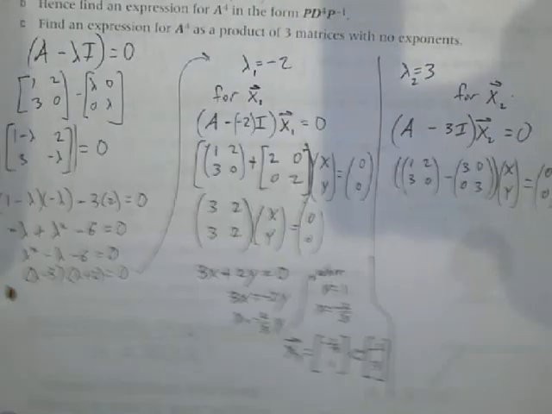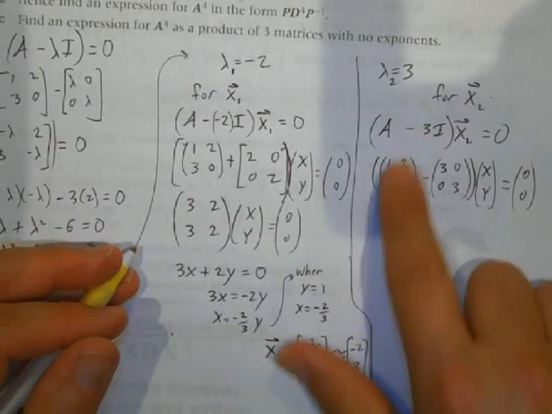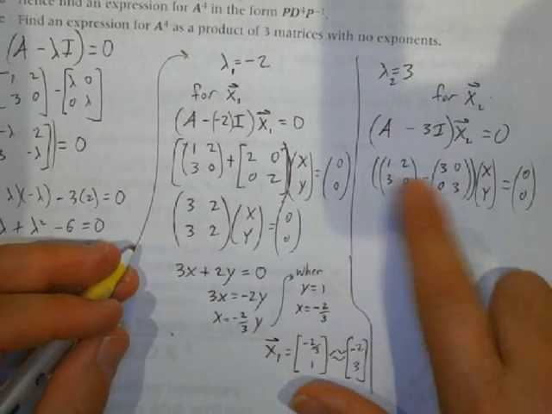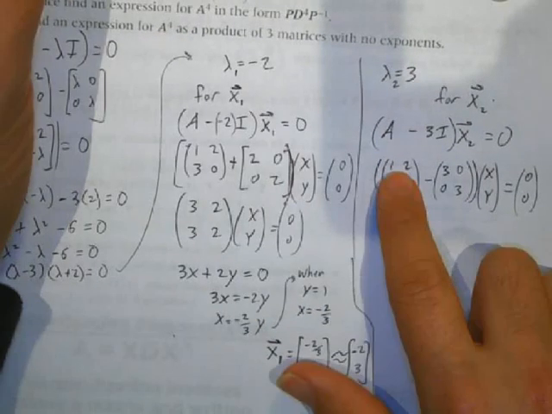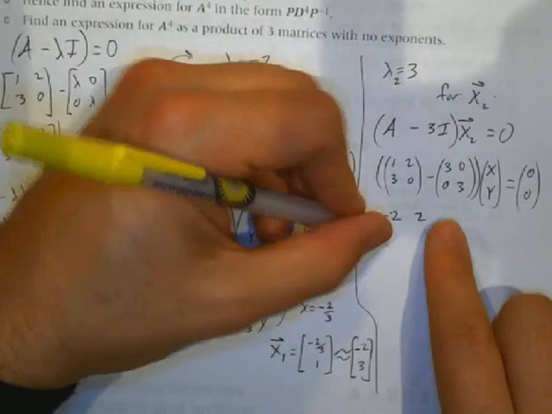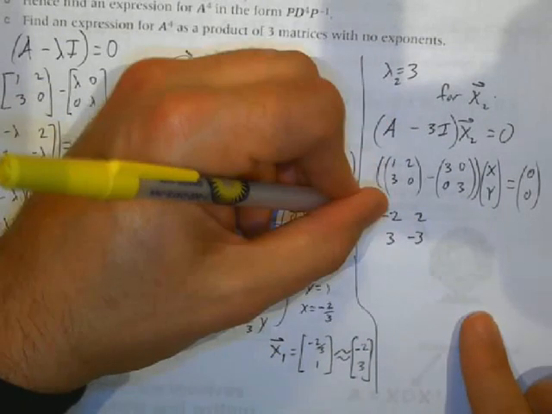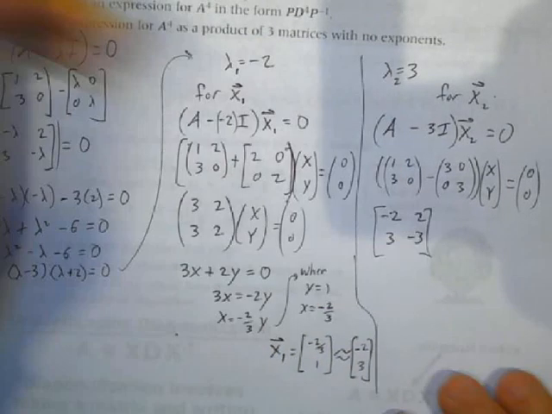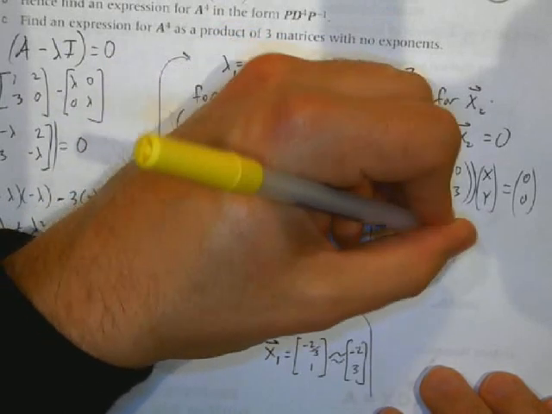Okay, let's subtract these two matrices. So 1 minus 3 gives me negative 2. 2 minus 0 gives me 2. 3 minus 0 is 3. 0 minus 3 gives me negative 3. Okay. x and y, 0 and 0.